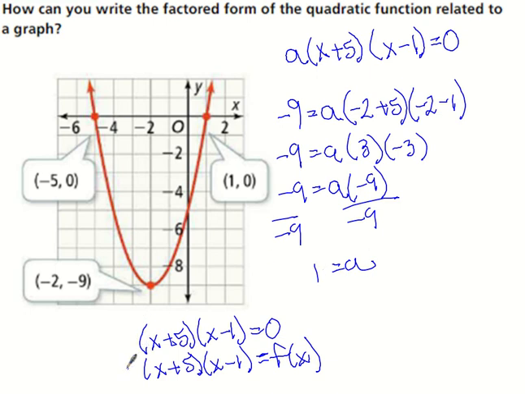If a was 2, I would put it here, right? Or if it was negative 1, I would put a negative out here. But because it's positive 1, I don't need it. So start with your intercepts. Then introduce your vertex. Solve for your a. And then if you don't need the a, here would be our final function. All right, I think that's it. Yep. All right, adios. Until next time.